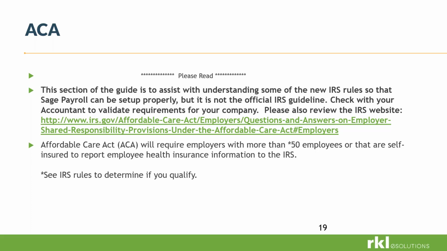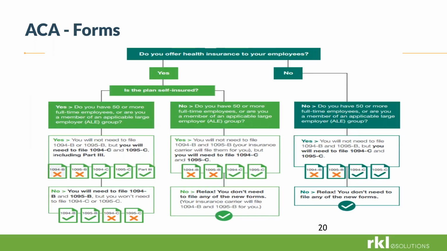The screens that you'll see here are guidelines, but not the official IRS guidelines. This flow chart walks you through whether or not you do qualify, some general guidelines about whether you have enough employees, is the plan self-insured, and whichever category you fall into, which forms are required.